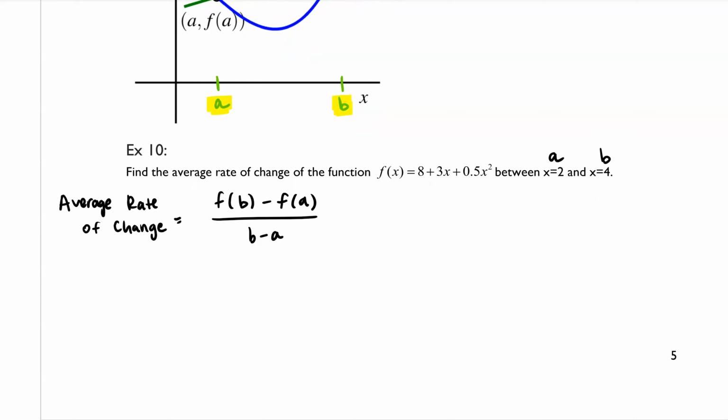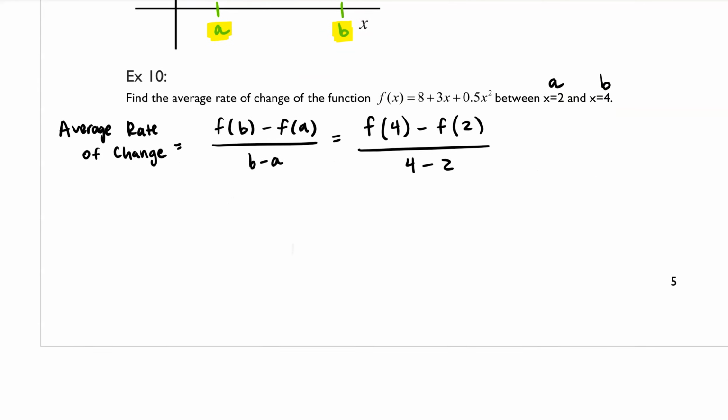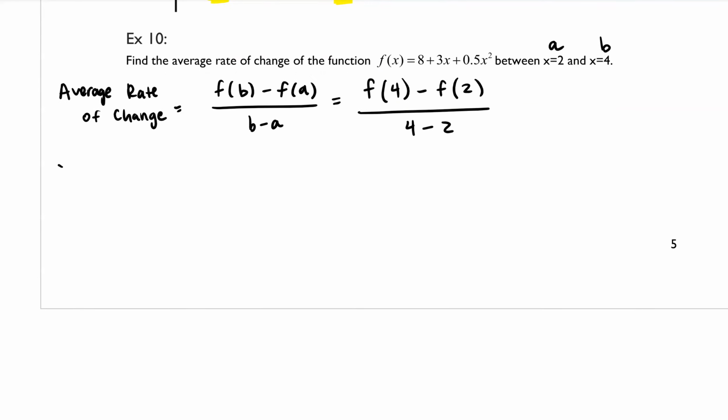Okay, so if I plugged in those numbers now, really we want to evaluate f of 4 minus f of 2 and divide that by 4 minus 2. So in order to figure that out, we need to solve for f of 4 and f of 2. So anywhere I see an x, I want to replace it with a 4.